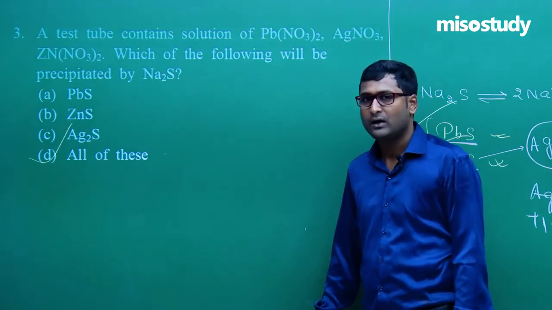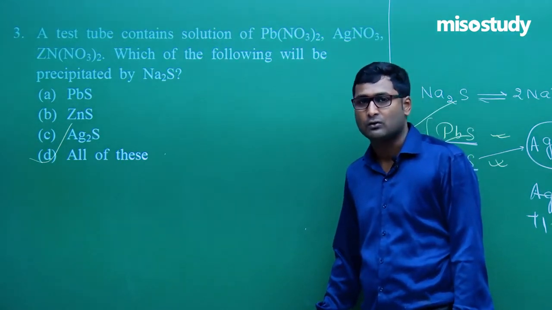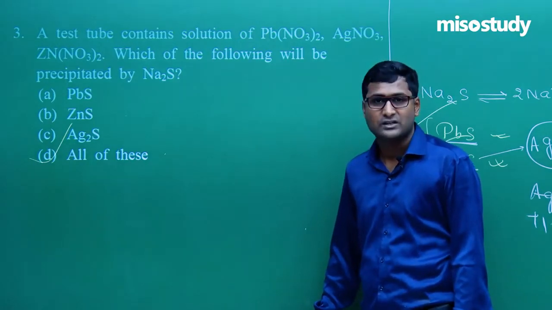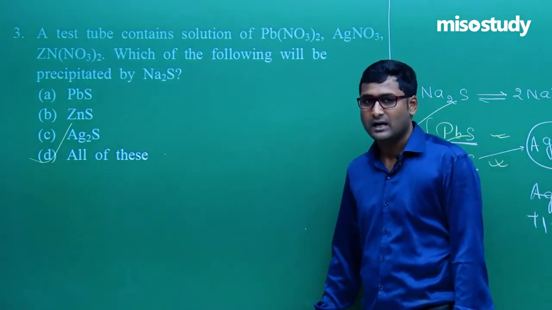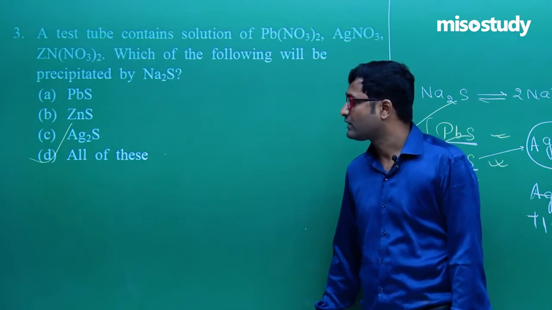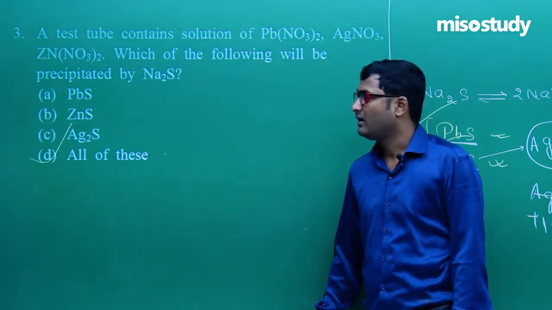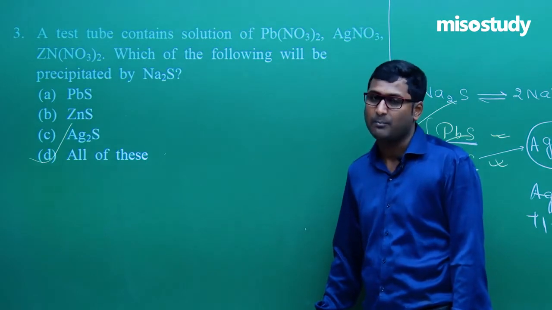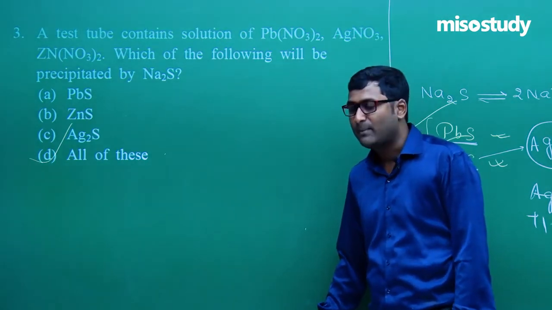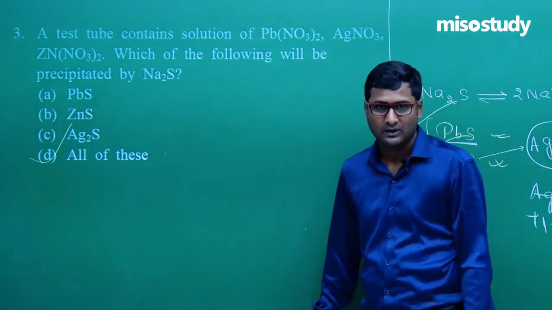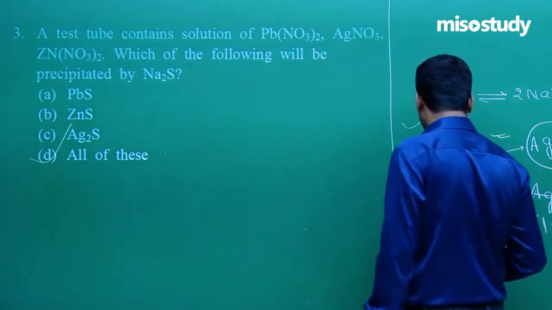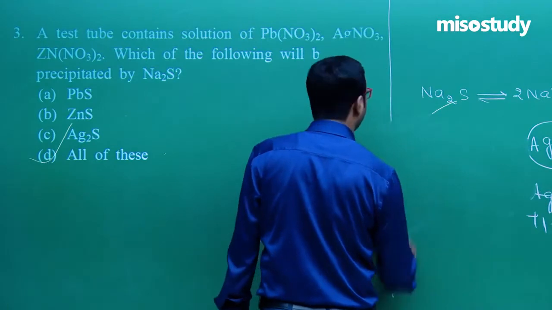Around one or maybe more than one question is frequently asked from this chapter, so you have to focus on this chapter, otherwise it is not possible to solve such kind of questions. It is completely practical, completely theory, and you have to memorize such things also. Clear friend? So let's move to the next question, question number 4.